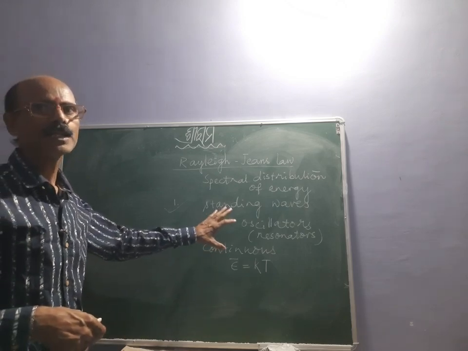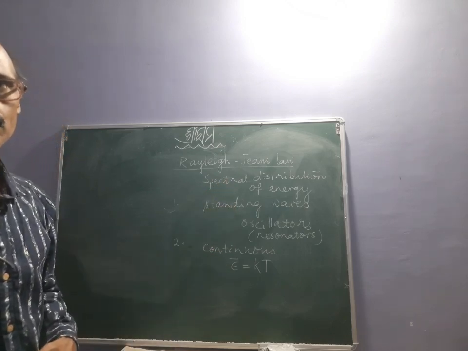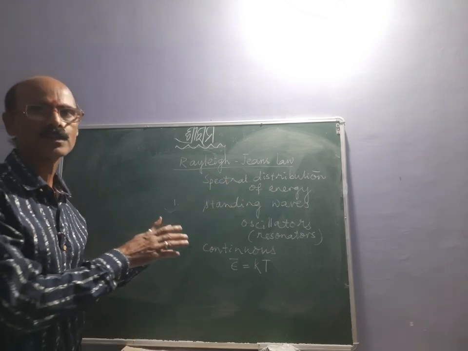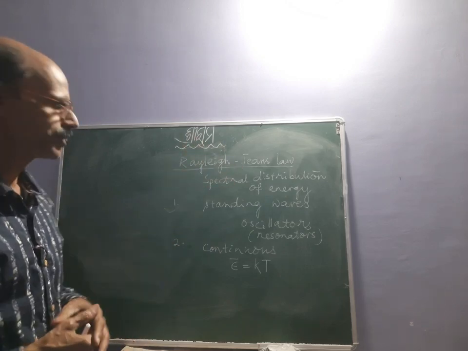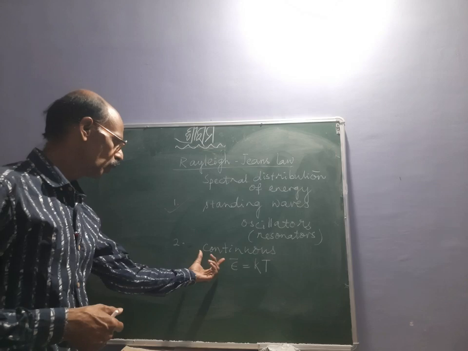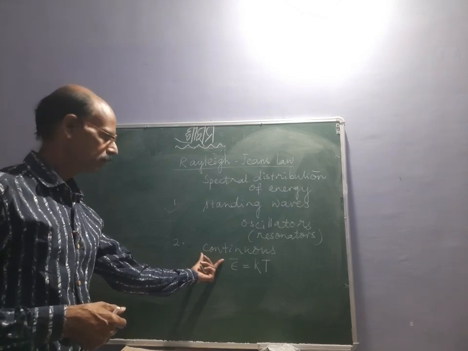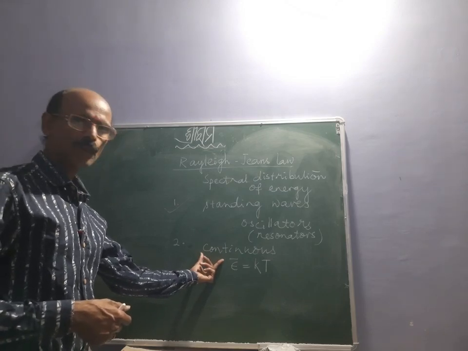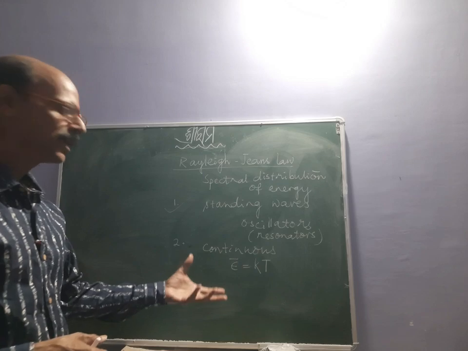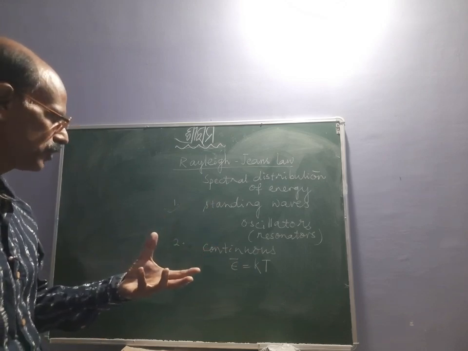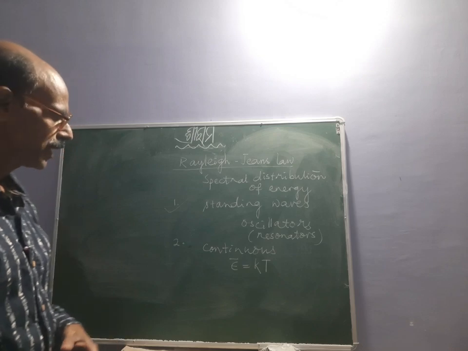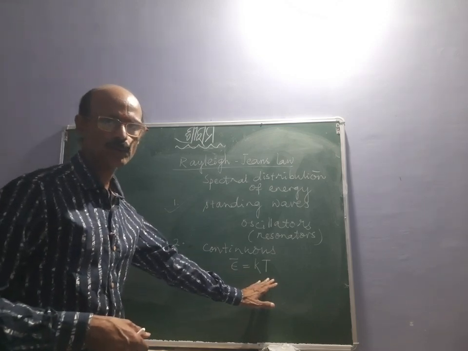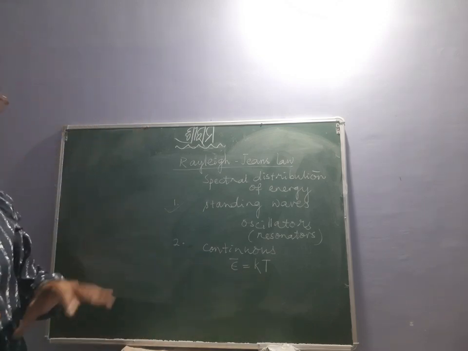That means it is being explained classically. Quantum mechanical explanation is not given here. Rayleigh gave a classical explanation. So energy distributed is continuous, and for each mode of vibration the average energy is equal to kT. It is from the equipartition theorem. So these are two assumptions.